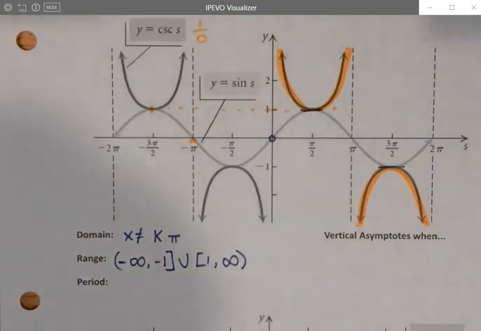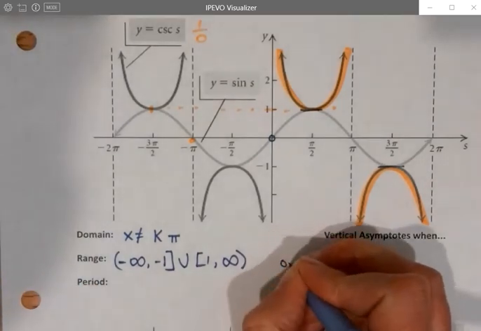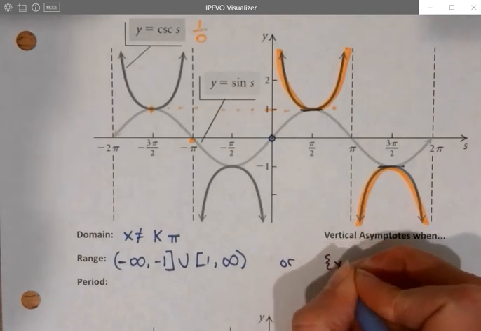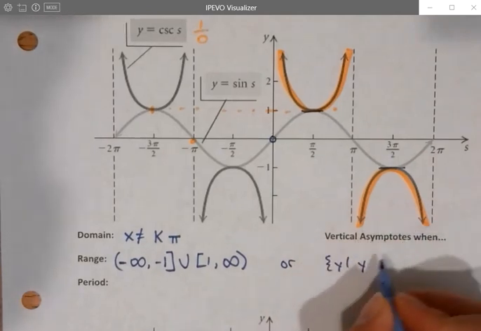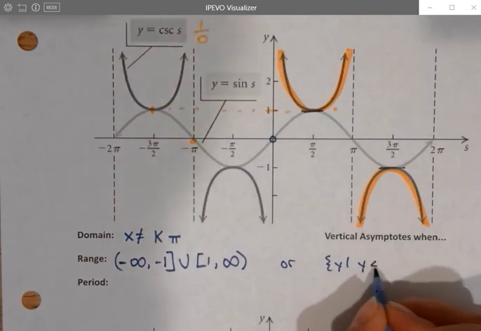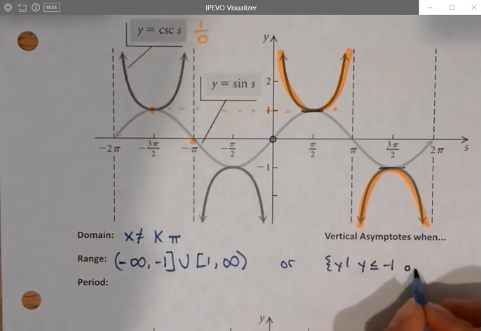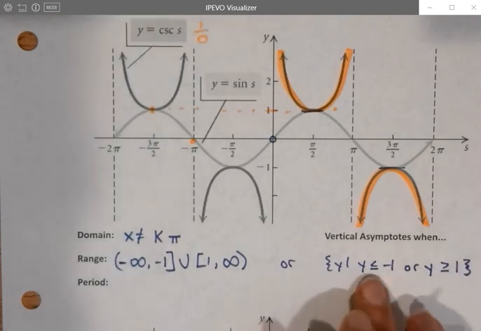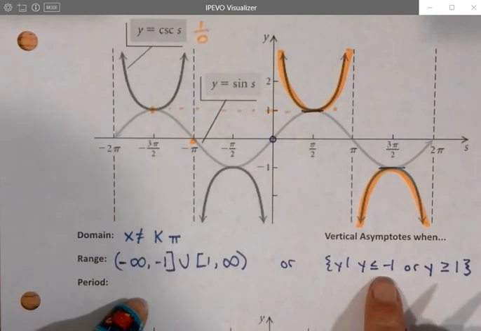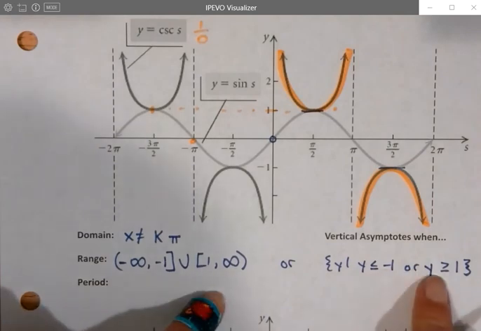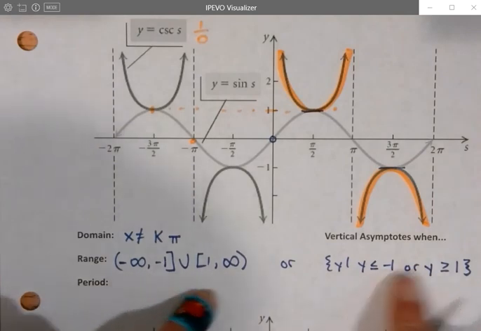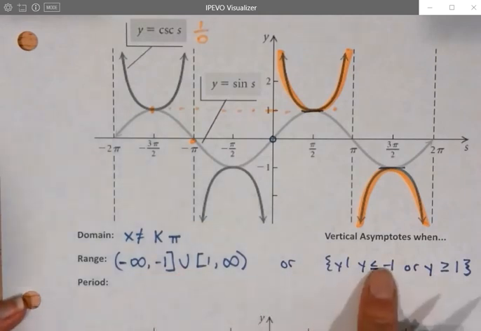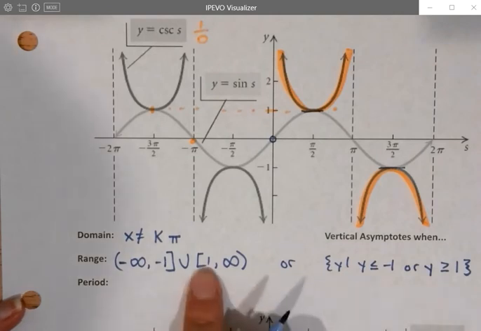I think I like interval notation here, but if I wanted to write it in set notation, it would be the set of all y such that y is less than or equal to -1, or y is greater or equal to 1. So you have to have both inequalities right there. One inequality satisfies each of the interval conditions. So less than or equal to -1, greater or equal to +1. So again, you can write it in either set notation or interval notation.